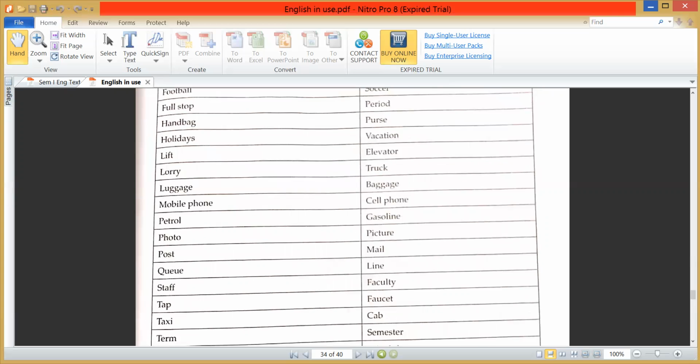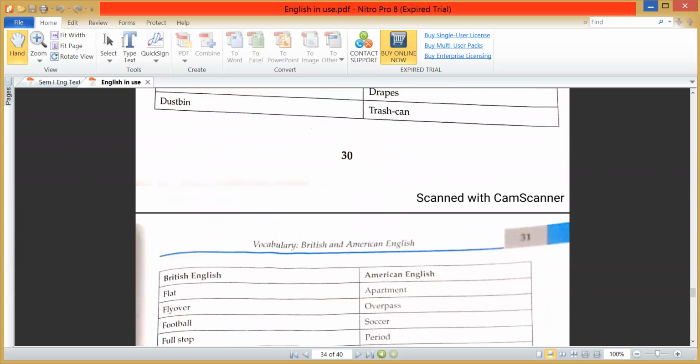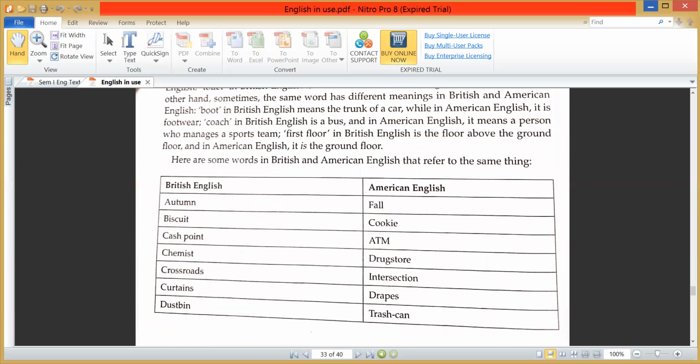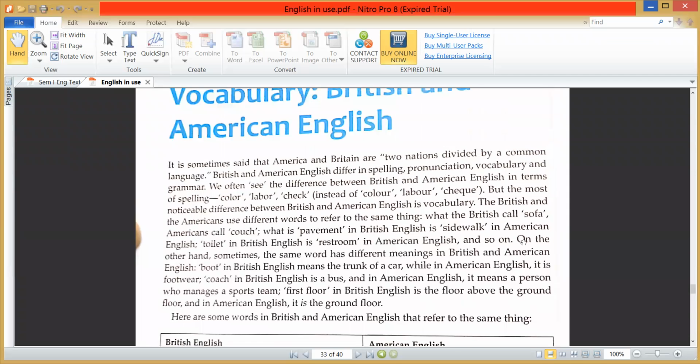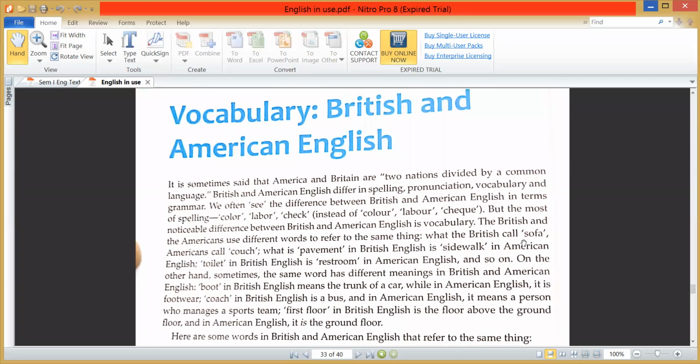So these are some of the words you have seen in the text which are a part of British and American English vocabulary. There are some more worksheets available online which I have shared with you on Moodle.